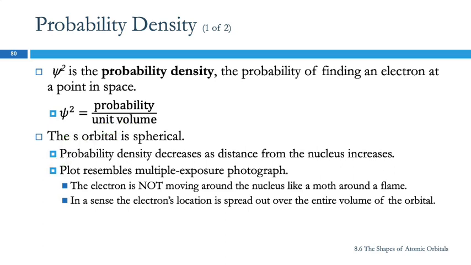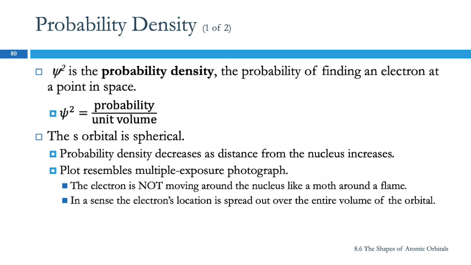That s orbital is spherical, which is kind of nice because spherical starts with s. And we know that the probability density decreases as distance increases from the nucleus.